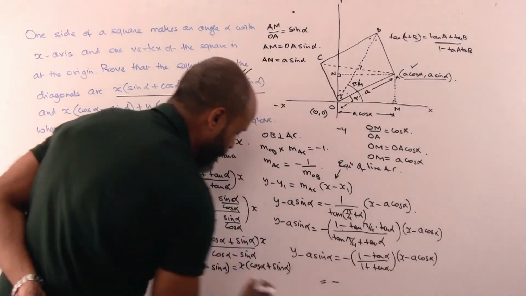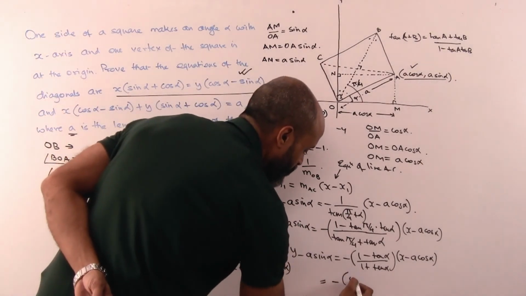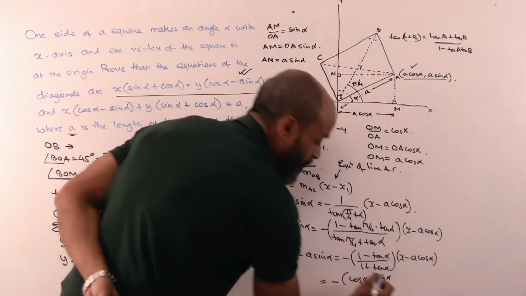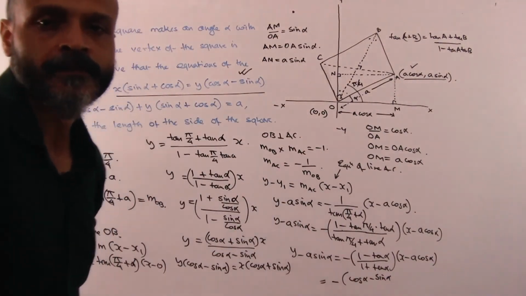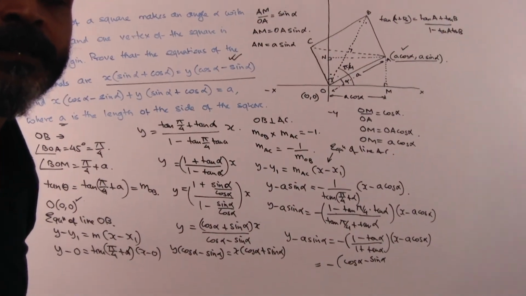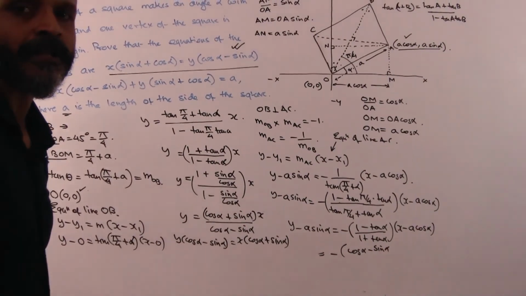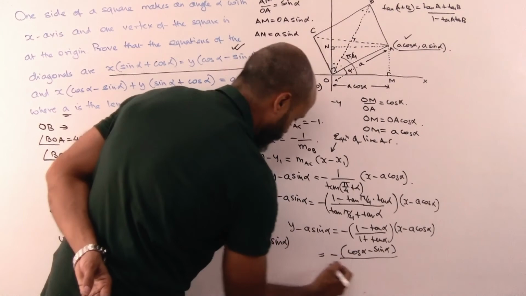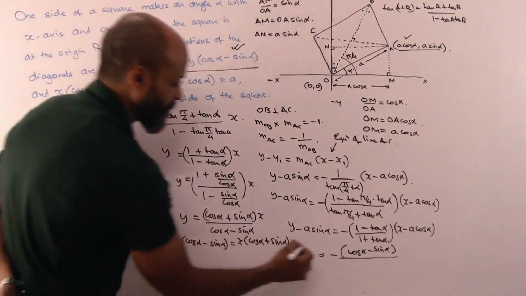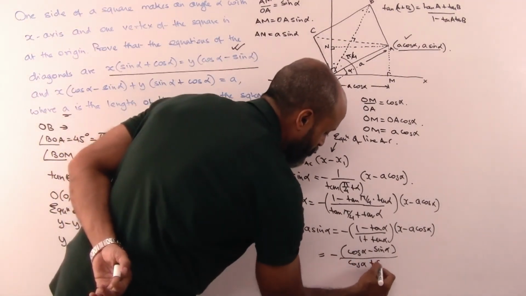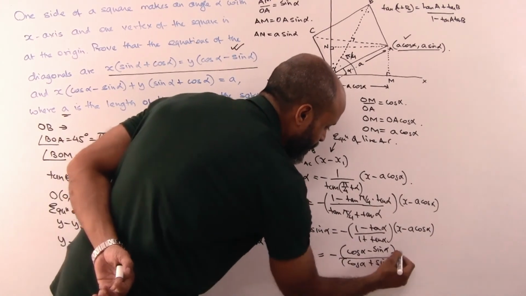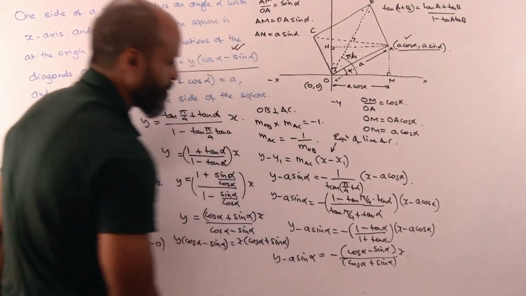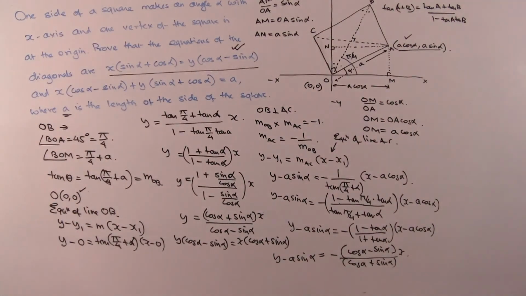So this will be minus cos alpha minus sin alpha upon cos alpha plus sin alpha into x. Is this visible, or do I need to put it a little down? This will be y minus a sin alpha.